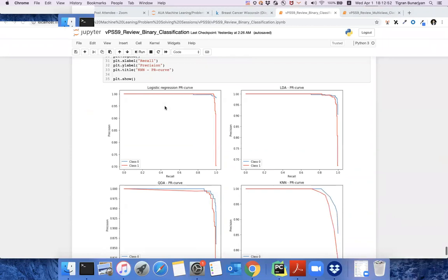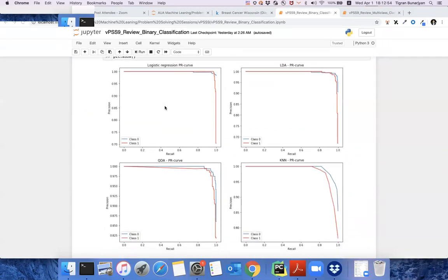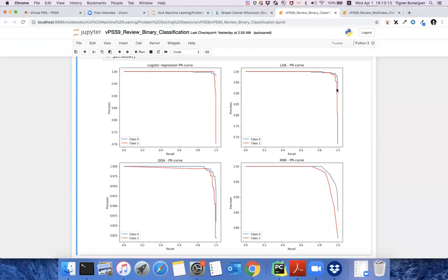So in here also I plotted the PR curves, and we see that the trade-off between recall and precision is highest for each class while using the logistic regression model, and they're less than using the other classification methods.